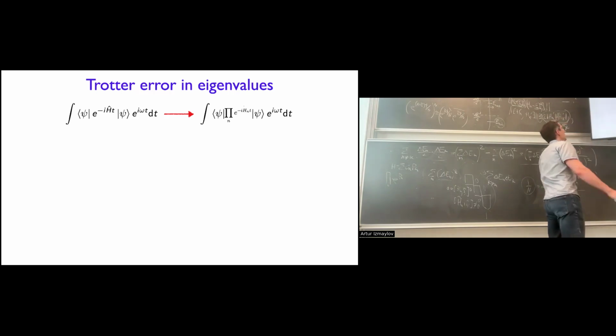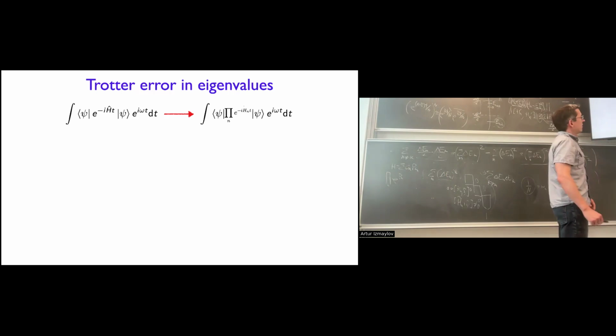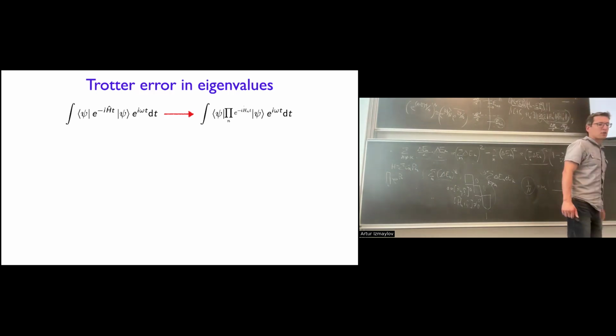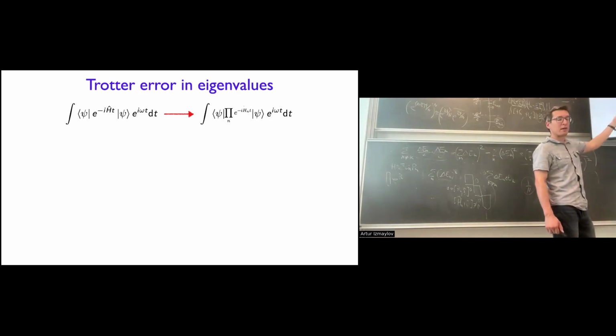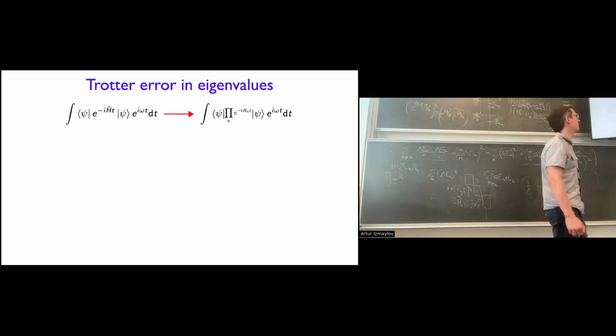So it's not about the difference between the dynamics given by the true propagator versus Trotter. It's exactly what's the effect of inaccuracies we have on the eigenvalues, okay?